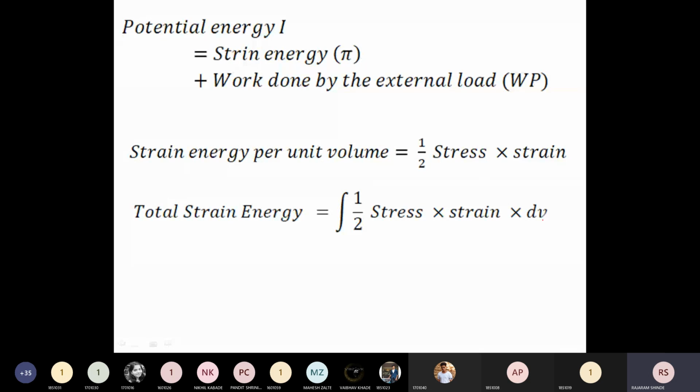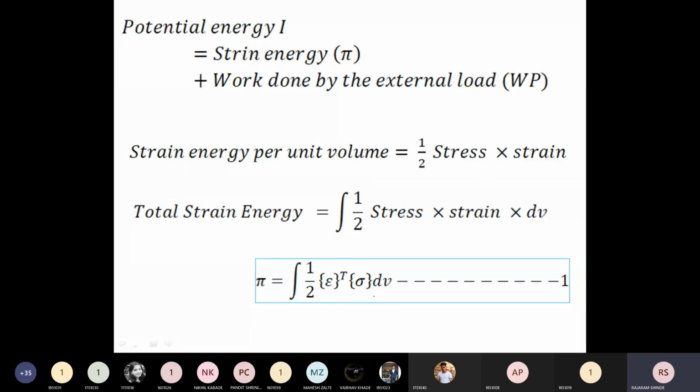I have also explained why I have taken this transpose: the size of the stress and strain matrices would not permit the product of matrices. So I have taken the transpose and changed the sequence of these two matrices. Already I have explained it.